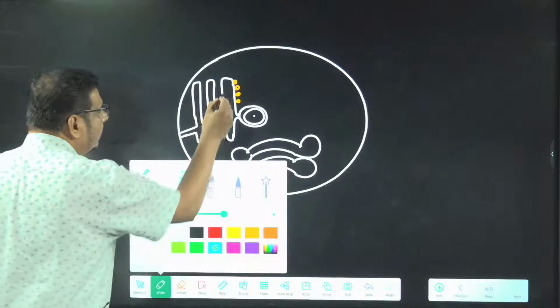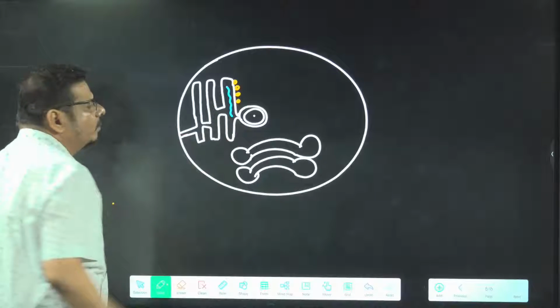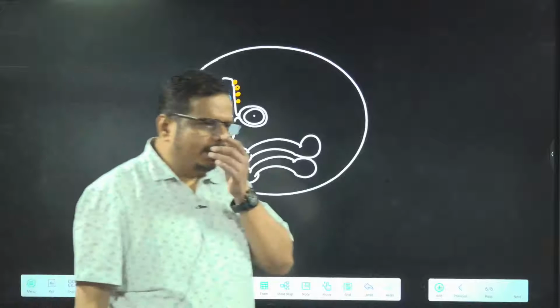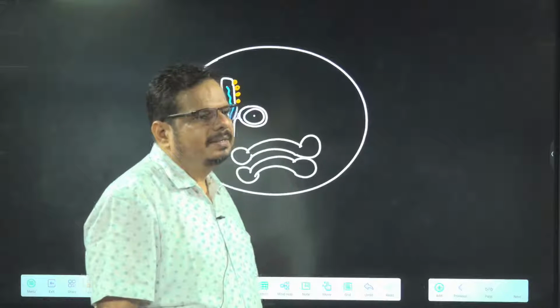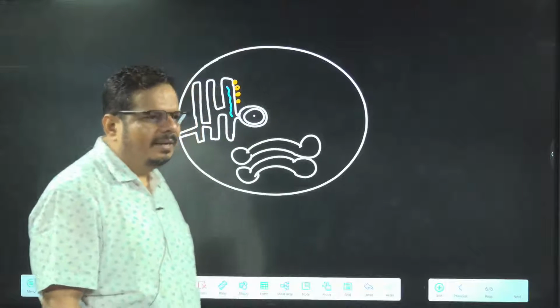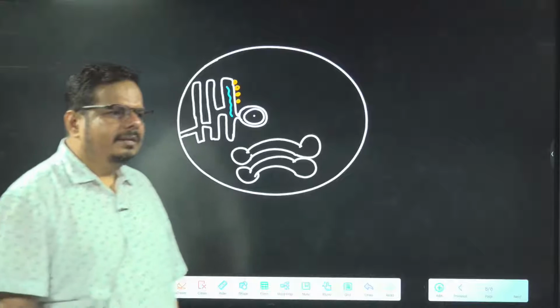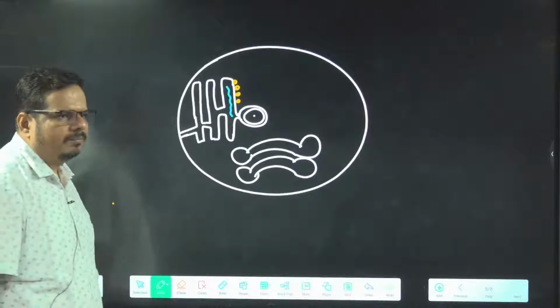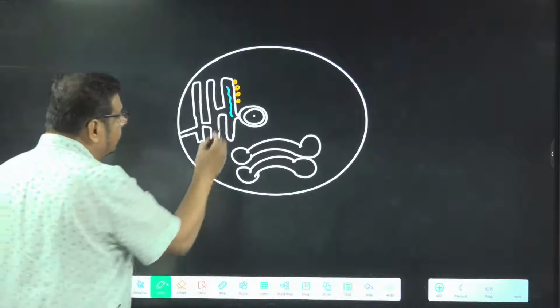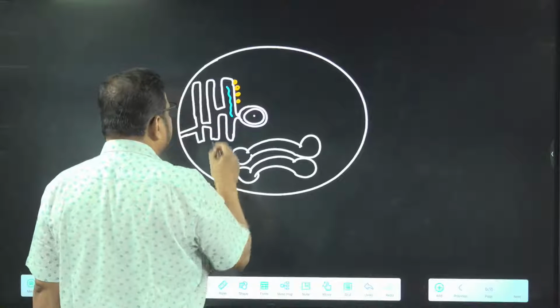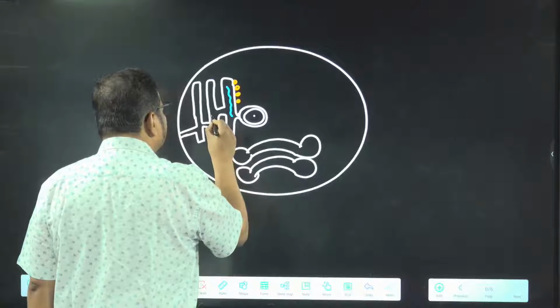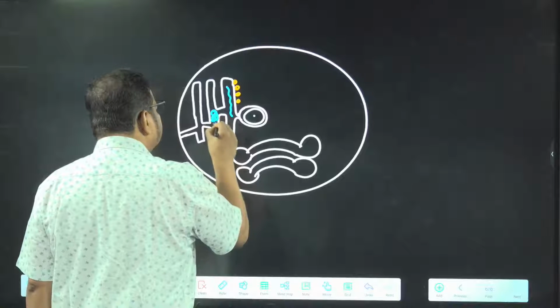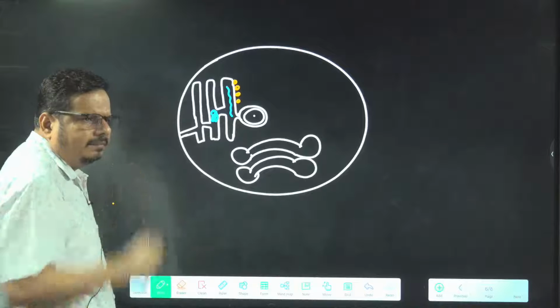Now this protein enters the lumen of which one? Endoplasmic reticulum. Clear? Connectivity is there or not?